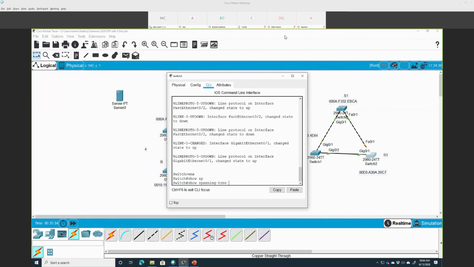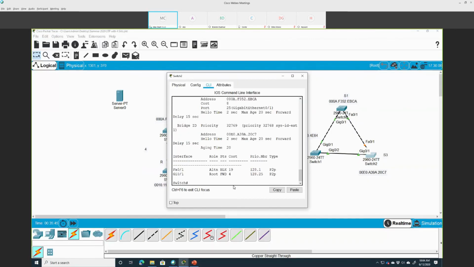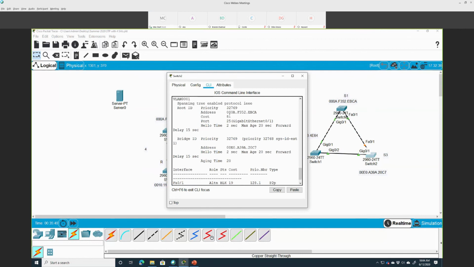Somebody say something? Chat. 8. You're right. It's going to be 8. Why? Because I have 4 here and 4 here. And as we expect, this is the cost, which is 8, because this is 4 here and 4 here, and the root bridge is still this guy here with the MAC address.